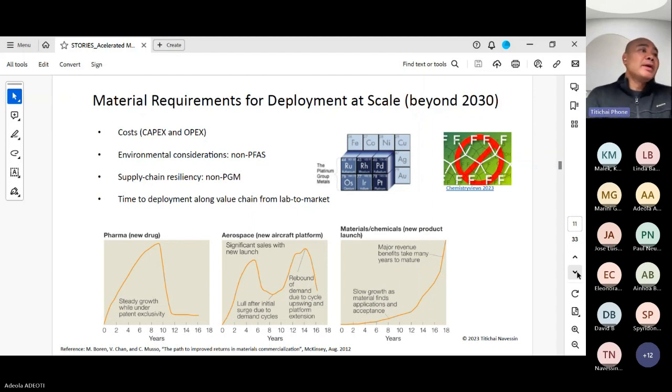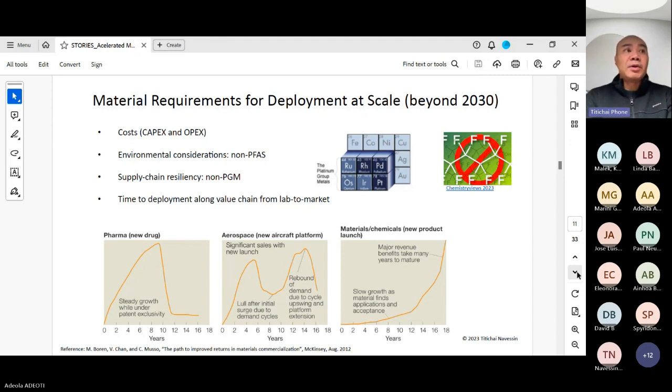Timeline to deployment. If you look at the graph shown here in various sectors, in the pharmaceutical industry, once it clears the approval for use, you see the uptake steadily grow until the patent runs out, and then it falls off. Aerospace, quite similarly, once it's launched, goes through a sales cycle.